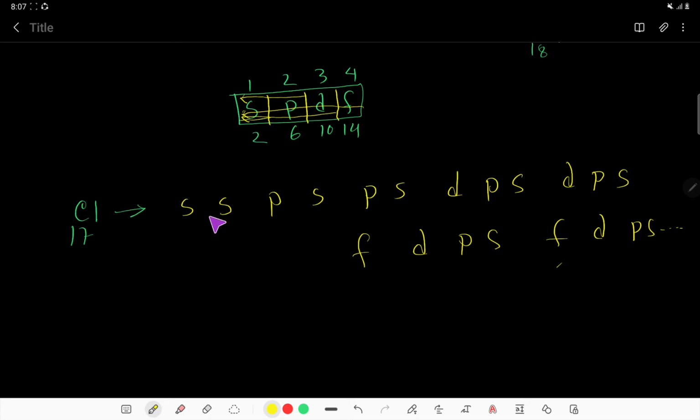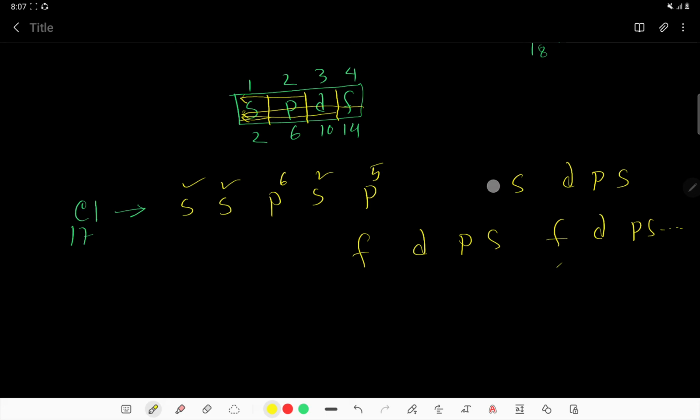So say with me: SS, PS, DPS, FDPS. Again, say with me: SS, PS, DPS, FDPS. Now distribute these 17 electrons: 2, 4, 6, 10, 12, 15, 17.